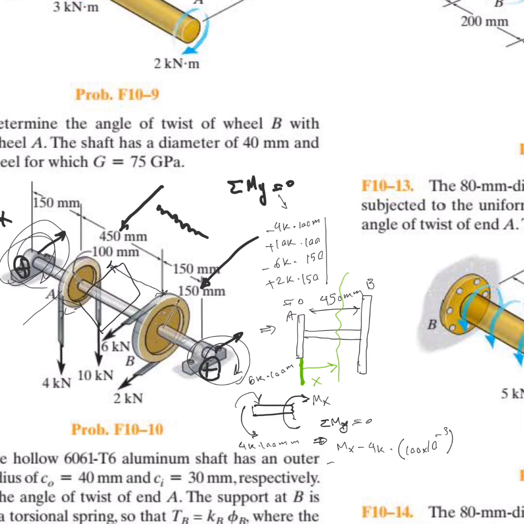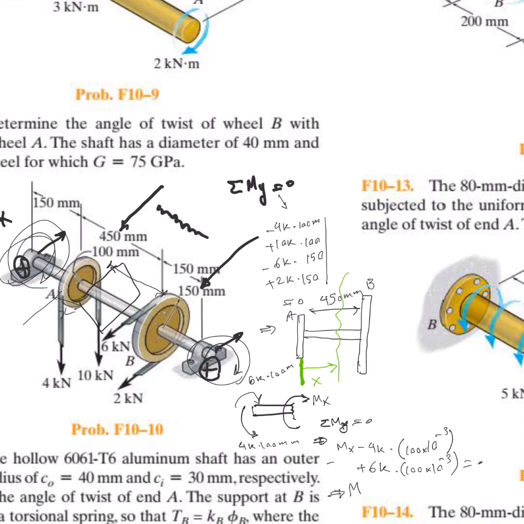So 4K times 100 10 to negative 3 with the negative, plus Mx, and finally I have a positive 6K times 100 10 to negative 3 is equal to 0.